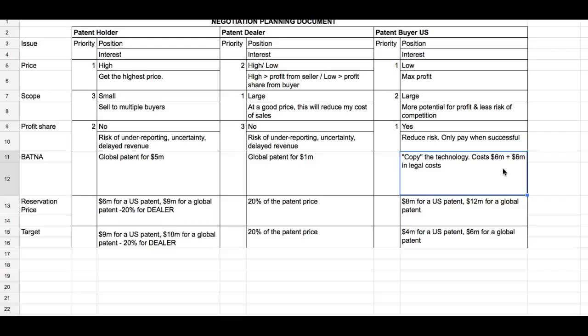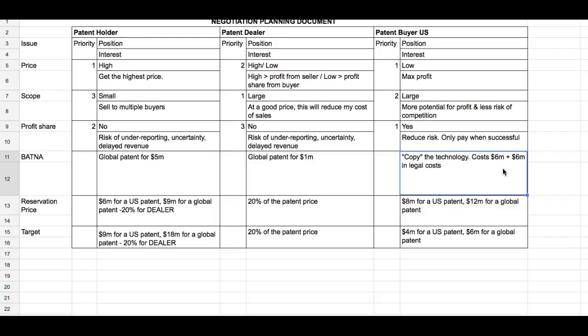But I think it's better to set up the situation so that the buyer cannot lose this negotiation, that I have to buy this. Otherwise the buyer will say, okay, bye bye, and that's the end of the negotiation.